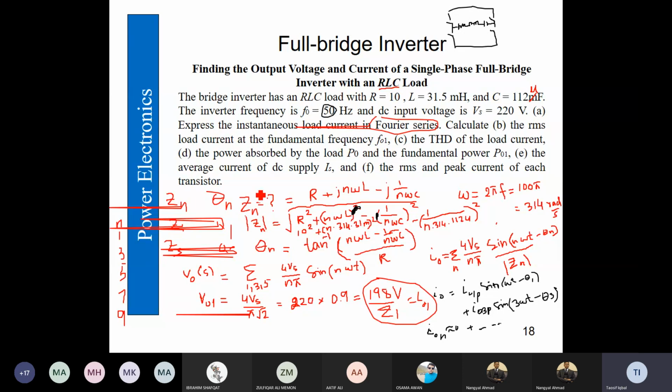Then we can separately find out the value of VOn according to each harmonic number, and then divide VOn by Zn, we get the value of IOn. And along with it we keep putting theta, and we will have the instantaneous value. Okay, any questions regarding this instantaneous load current? Is it clear?